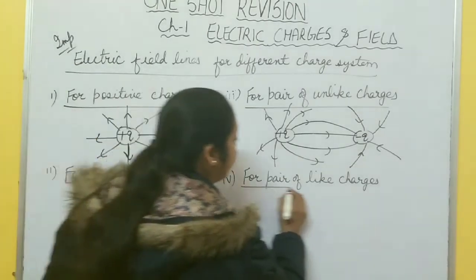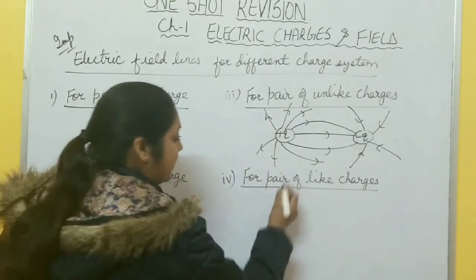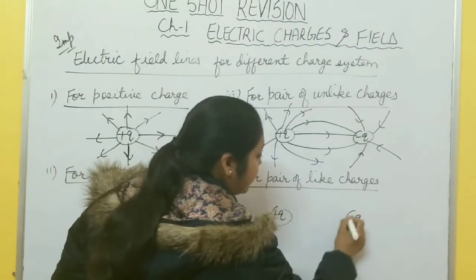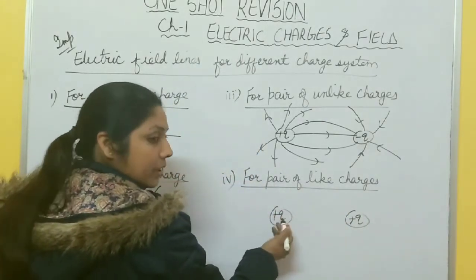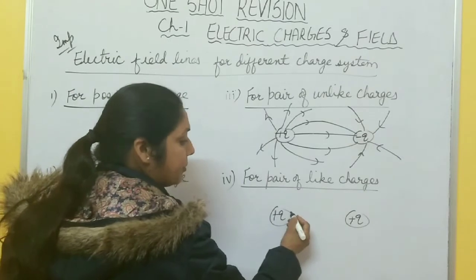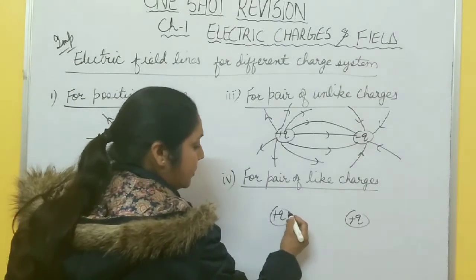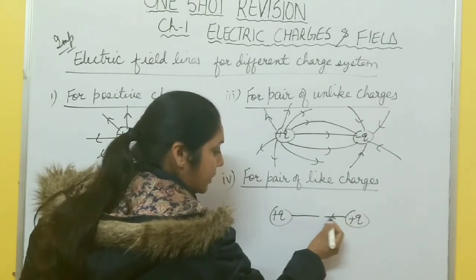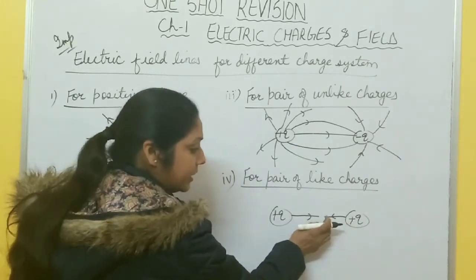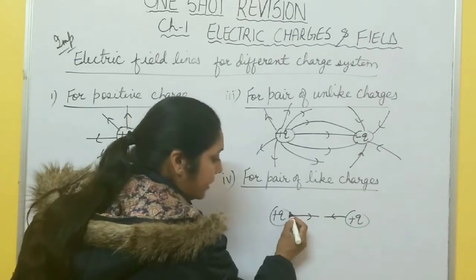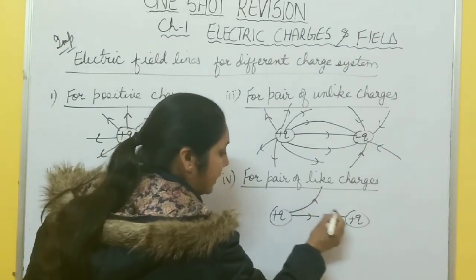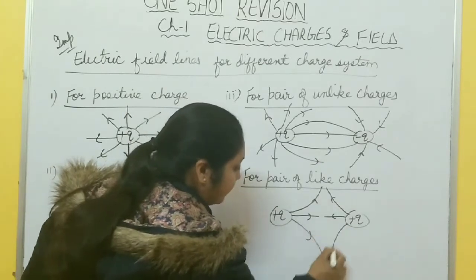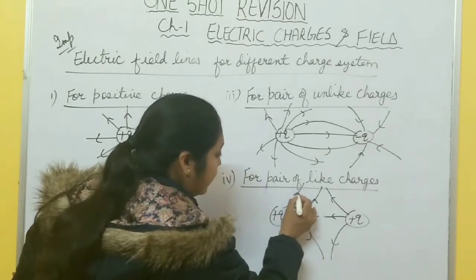Now for a pair of like charges, it's very, very important. Suppose this is a positive charge and there is another positive charge. Now you know electric field lines start from the positive charge, okay, so it goes like this and it again also goes like this, but they never intersect each other. So at this point it bends its path like this, right? Okay, in this way.